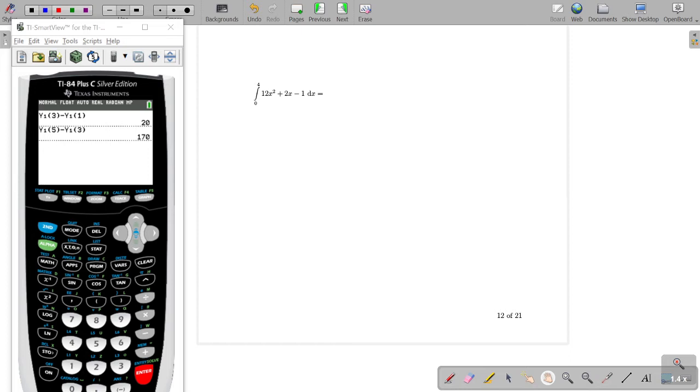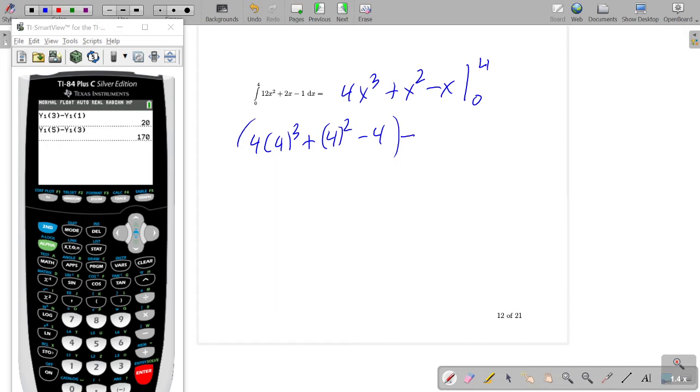Okay, you should be back. So let's integrate this. That would be 12x cubed over 3, which would be 4x cubed plus x squared minus x evaluated from 0 to 4. So if I plug in 0, that's going to go away. So that'd be 4 cubed plus 4 squared minus 4 minus 0 cubed plus 0 squared minus 0, which is just 0.